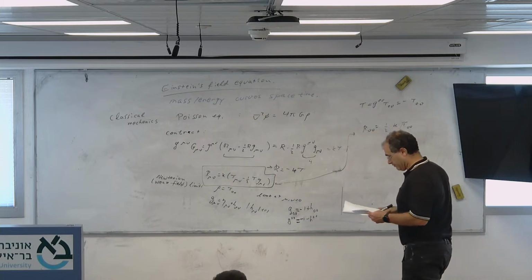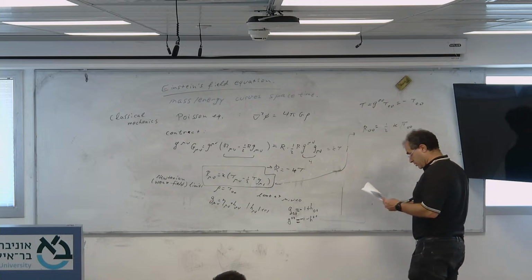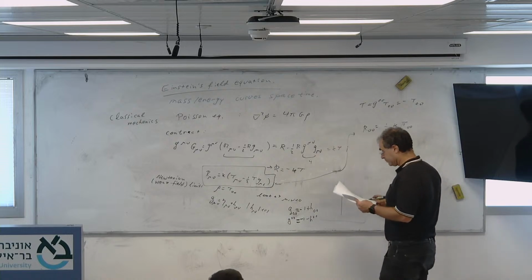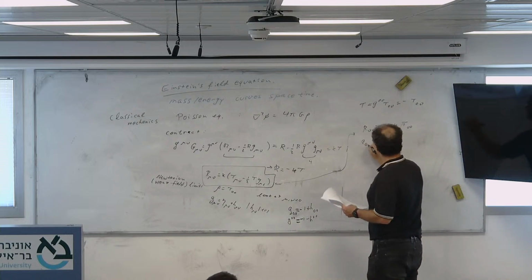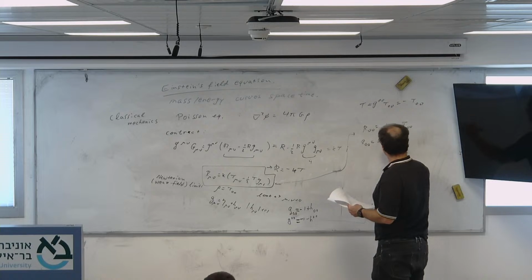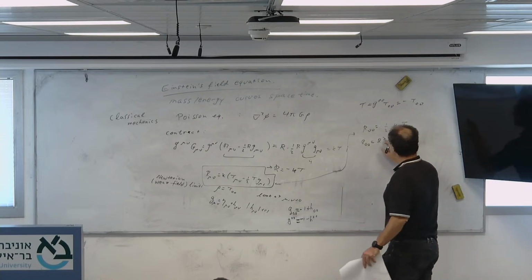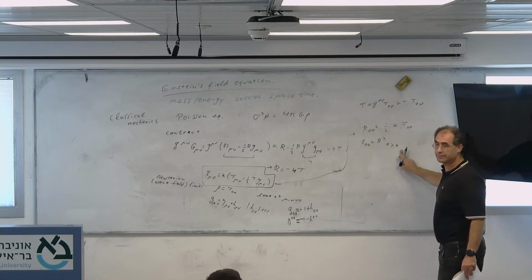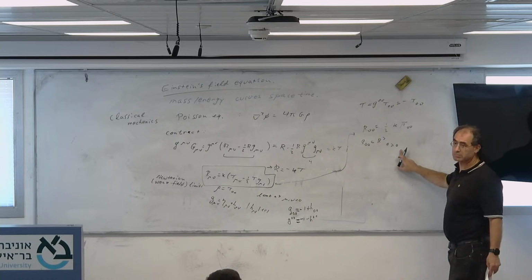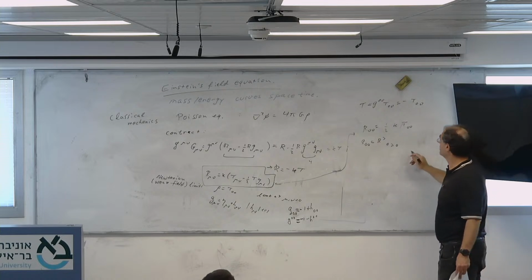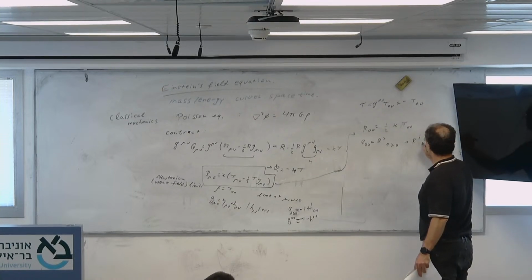Now we actually need to derive that. Now R00 is R lambda 0 lambda 0, but all the 0,0 terms, what are they? 0. So we just need to evaluate R i0 i0.